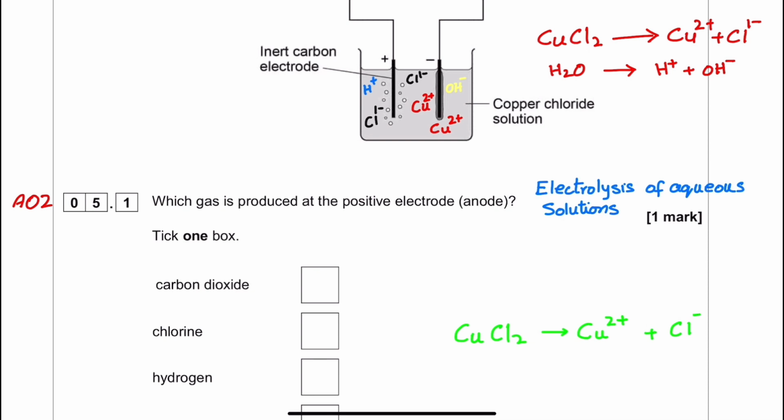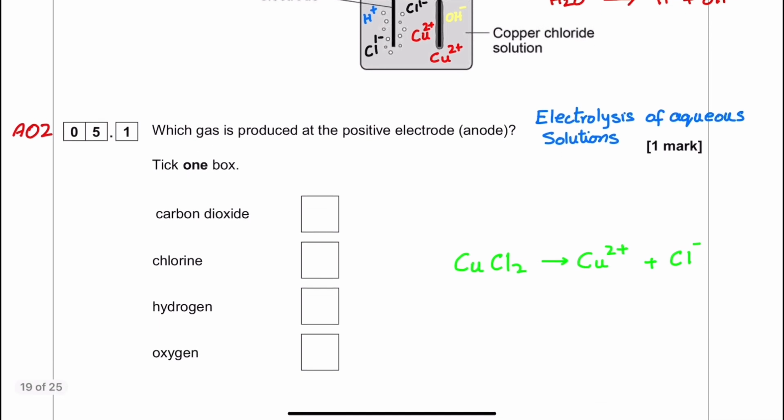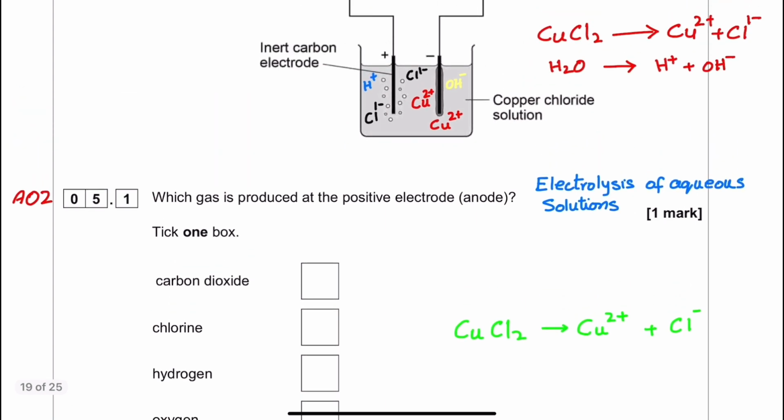Now the question comes here, which gas is coming at the positive anode? The student needs to remember a rule. If any group 7 element is present, meaning halide ions are present, they will oxidize first by losing the electron. So Cl- or OH-, the Cl- is going to lose the electron first.